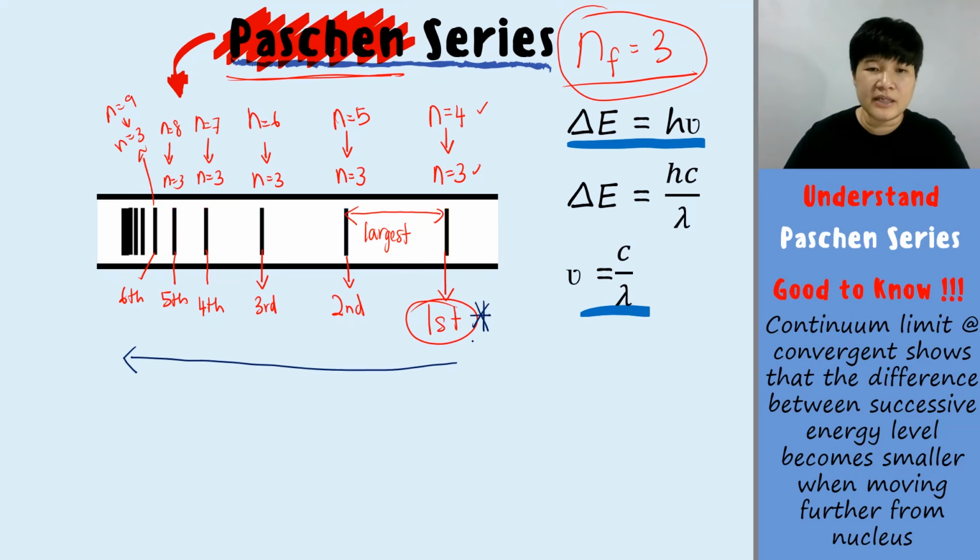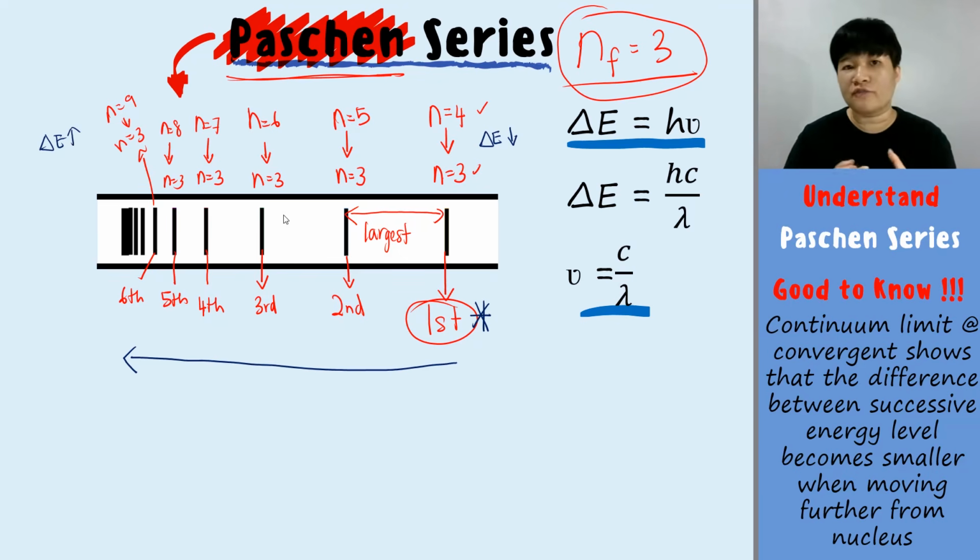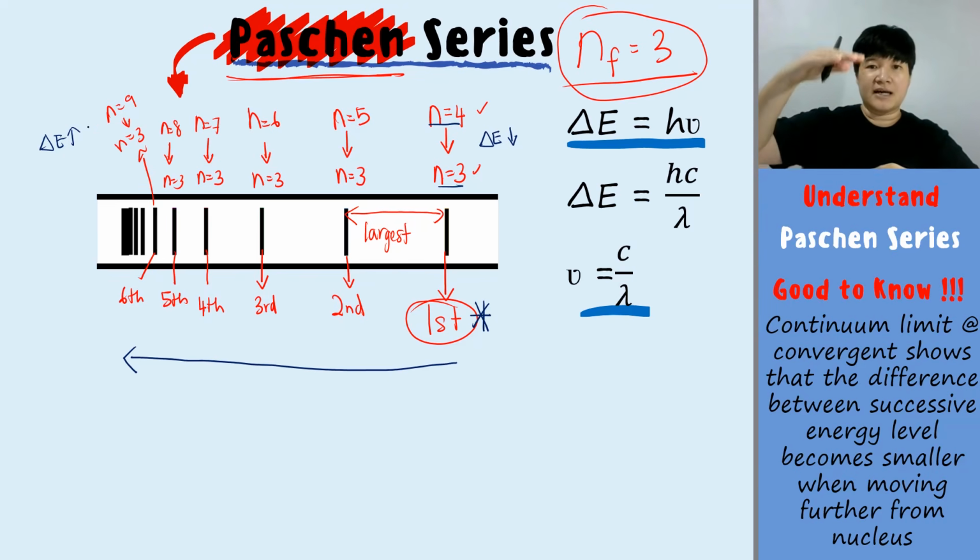Okay, so we are reading from the first line to the last line, knowing that the delta E of the first line is extremely low. Moving to the delta E of the last line will be extremely high because of the energy difference. For the first line, it's only n equals to 4 to n equals to 3. And then all the way down, the energy level gap becomes bigger, bigger, and bigger.